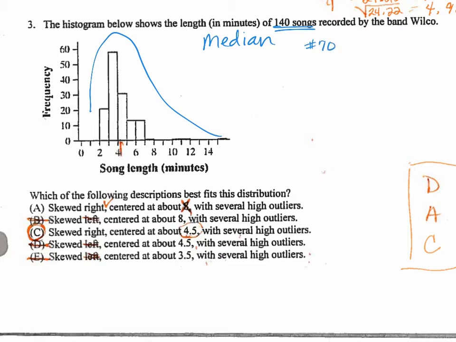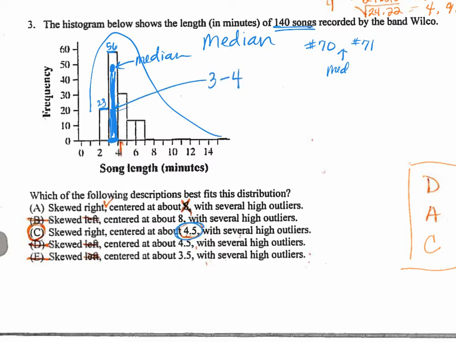Between the 70th and the 71st piece of data is the median. Well, here is about 23 pieces of data. Here's about the next 56 pieces of data. So the median is located somewhere right here. In what bar? This bar here, and this bar is from 3 to 4.